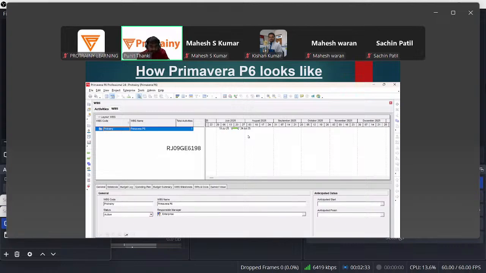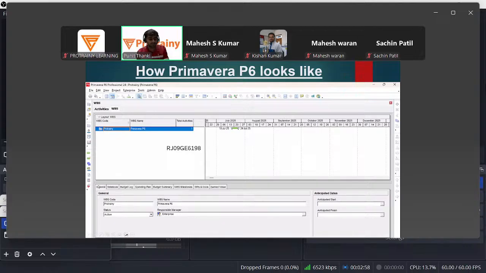On the right hand side, you can see the graphical view. As I told you, in industries, in modern work culture, graphical representation is very, very important. With the help of this tool, you can manage Gantt chart view, S-curve, very different views in the right hand quarter.